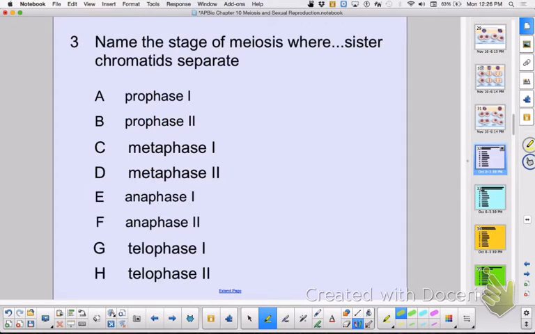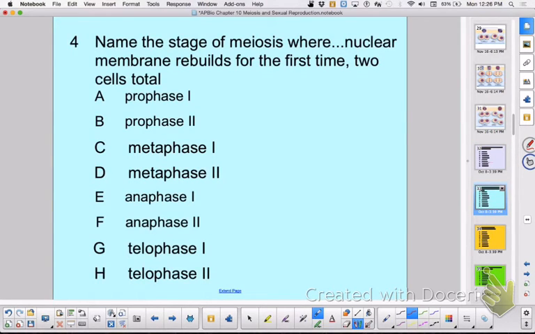Let's do these. I'm going to go like this, and you're going to tell me the answer. Okay? Stage of meiosis where sister chromatids separate. Anaphase 2, good. Name the stage of meiosis where a nuclear membrane rebuilds for the first time. That would be what?